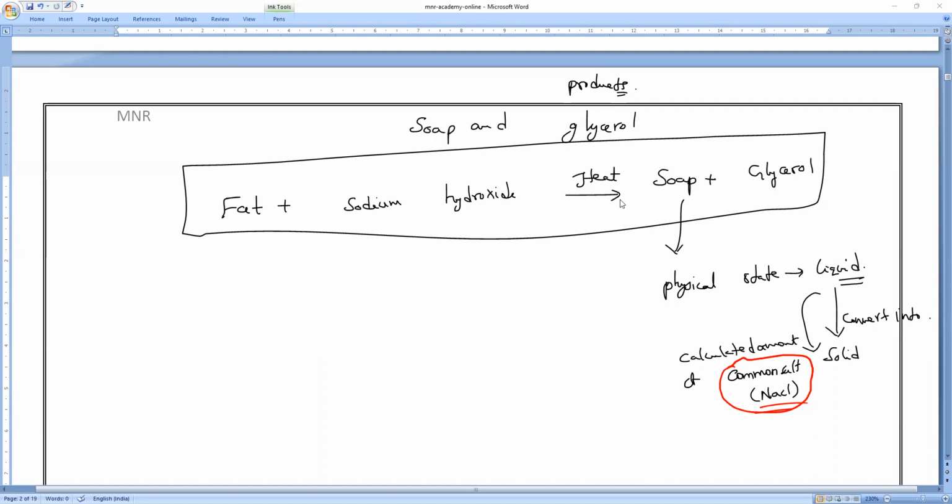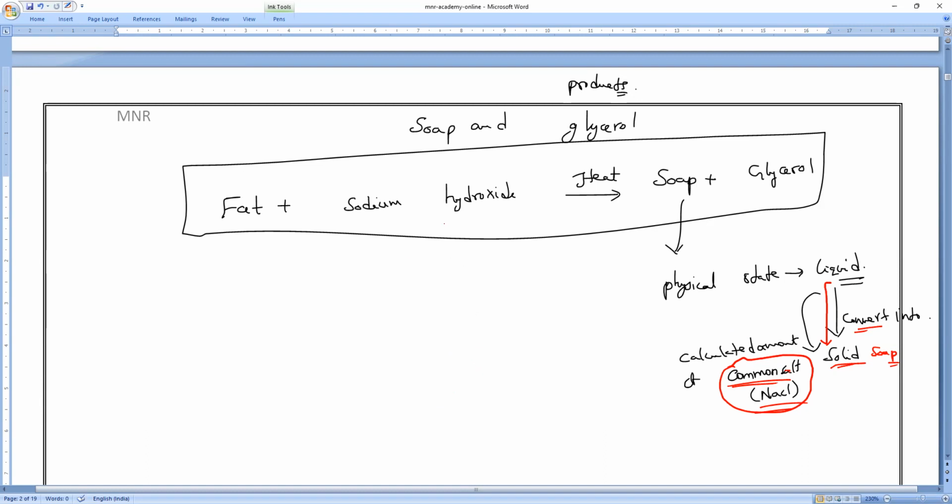The solubility of the soap is very low. This depends on how much common salt you add for converting from liquid soap to solid soap. So to convert liquid soap into solid soap you use common salt, and the addition of more salt decreases the solubility of the soap. That is what you have to remember.